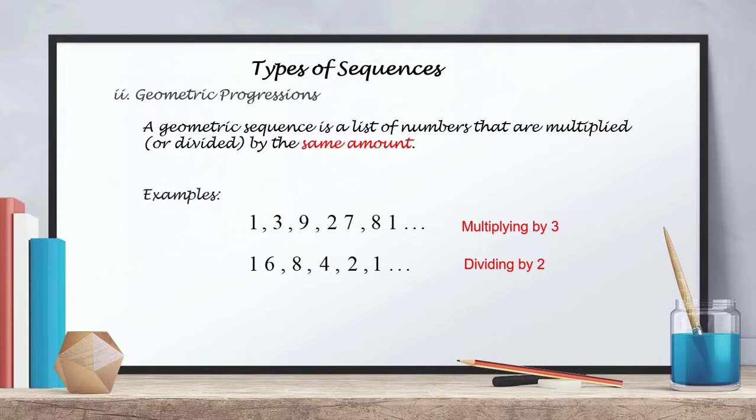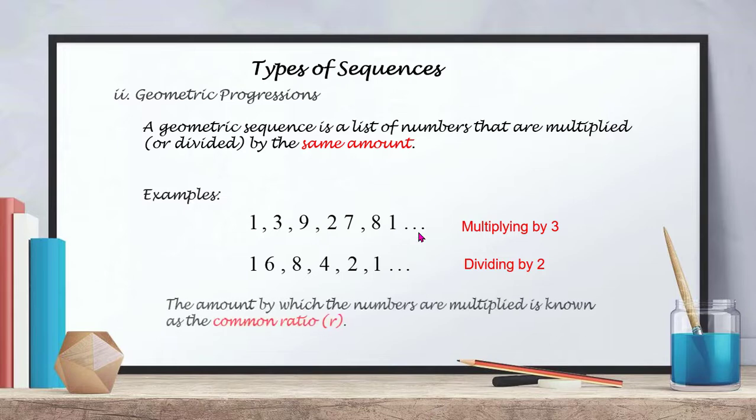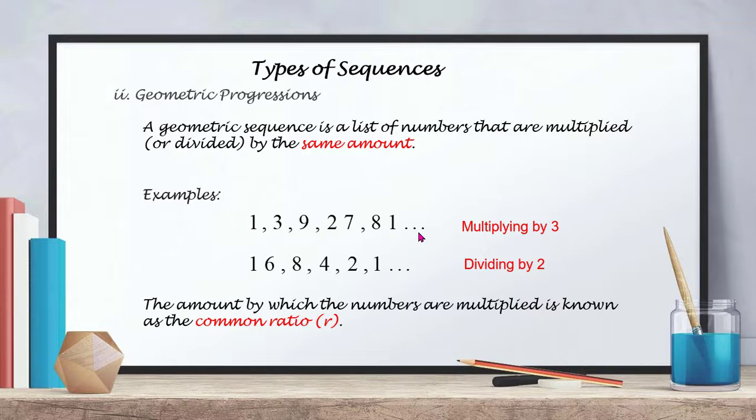And 2 divided by 2 is 1, and so on and so forth. The amount by which the numbers are multiplied is known as the common ratio. So in example number 1, the common ratio is 3.